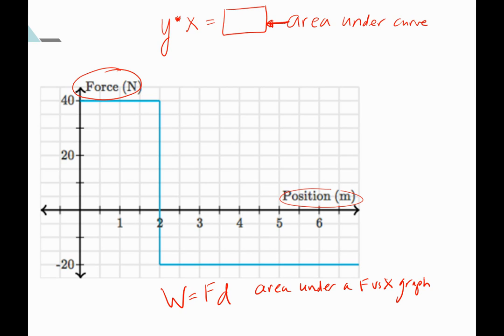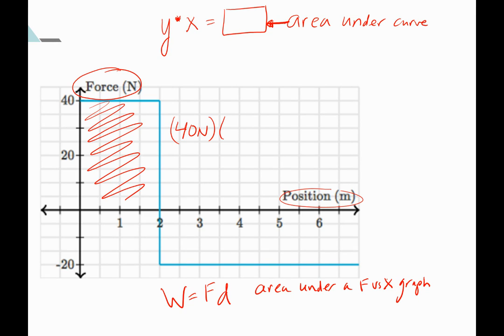Okay, so if I look at that, I have my area here. My area there is going to be 40 newtons times 2 meters. That's going to be 80 joules. And then here, I'm going to have negative 20, times 2, and it looks like I'm going all the way to 7, so times 5.